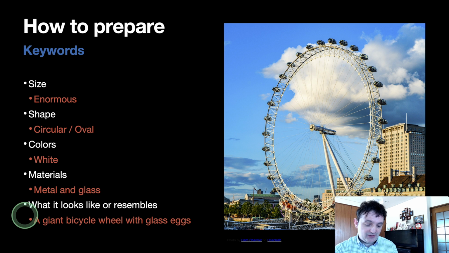And what does it look like or resemble? Well, to me, it looks like a giant bicycle wheel with glass eggs attached to the outside. As you can see, at this point, it doesn't look very interesting. But don't worry, your basic ideas are the foundation from which you're going to build something really interesting.